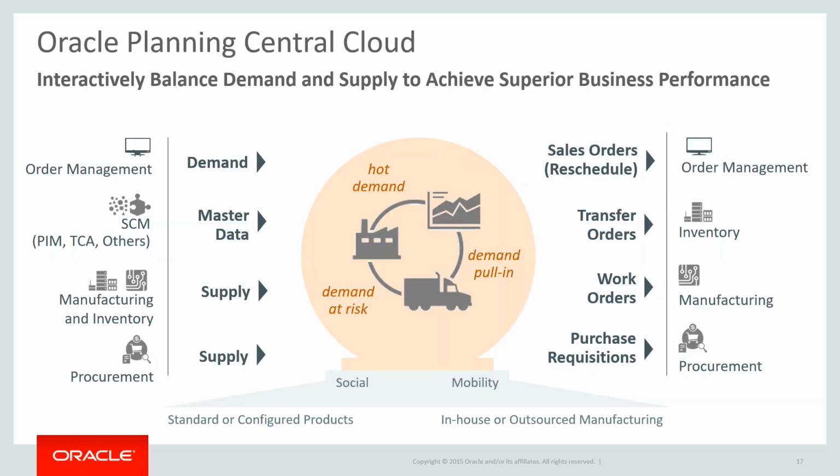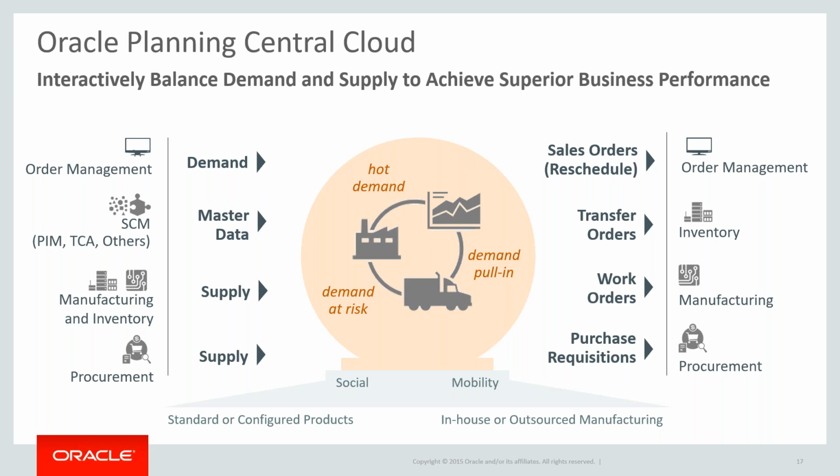So just to level set from a planning perspective, like any other planning system, the system takes demand into consideration, demand being forecast and/or sales orders. It takes master data such as lead times, such as order modifiers, such as minimum order quantities or minimum days of supply. It brings in all your inventory, open orders, and it's constantly trying to manage supply and demand.